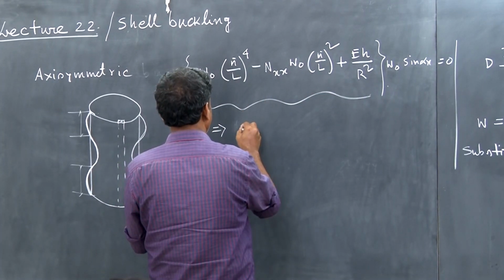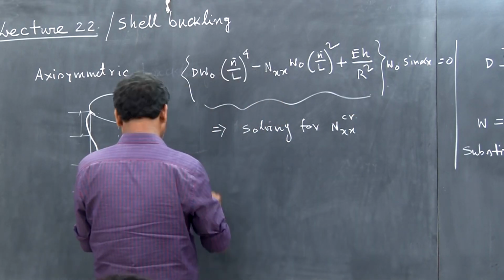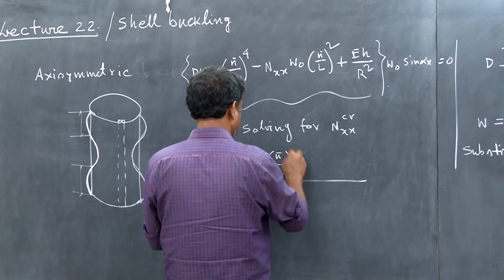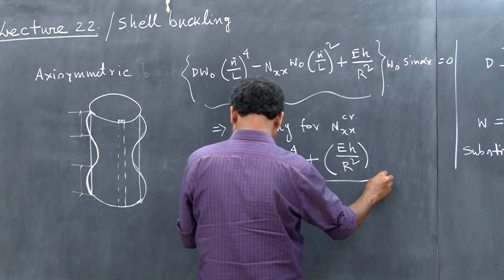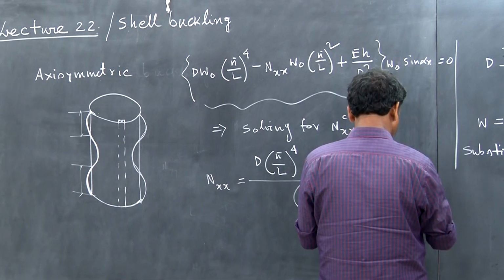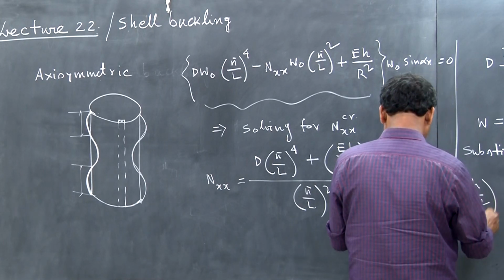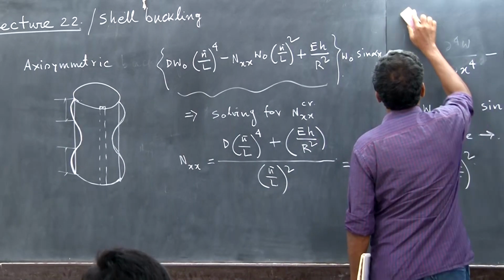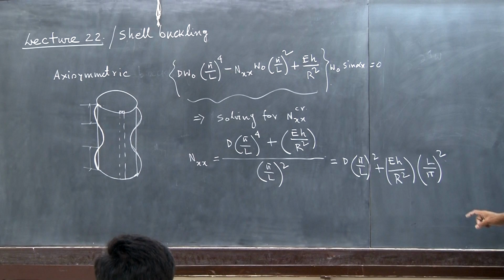If you want to make it 0, then from there we are solving for N_xx, and it is a critical value. So that is the critical value that you are going to get, right.